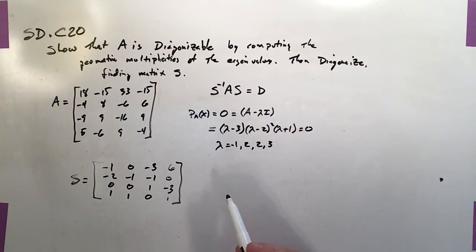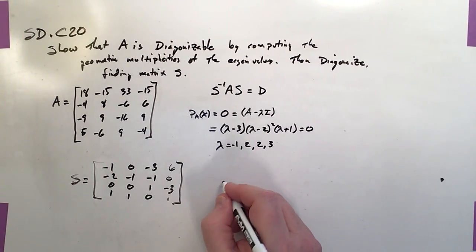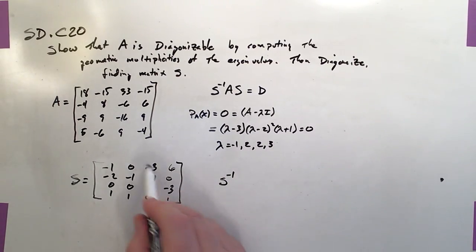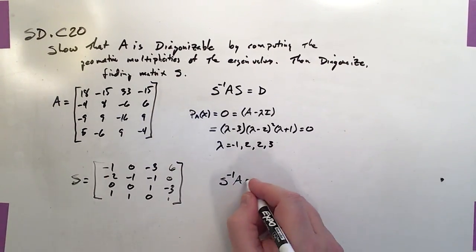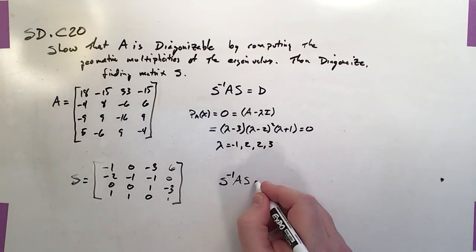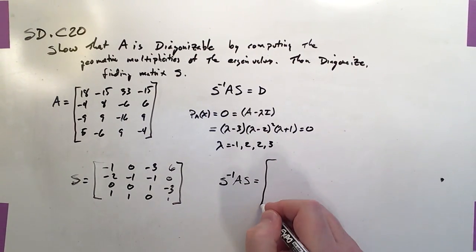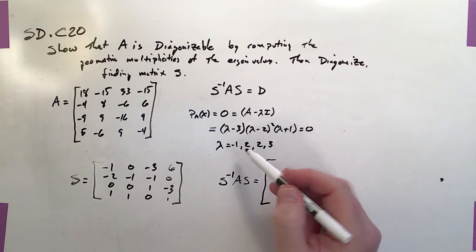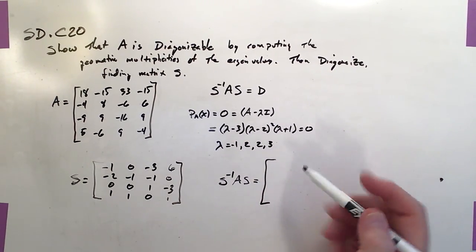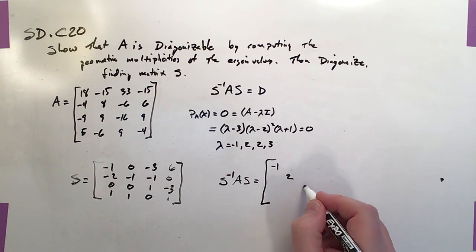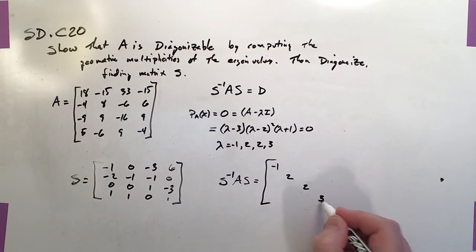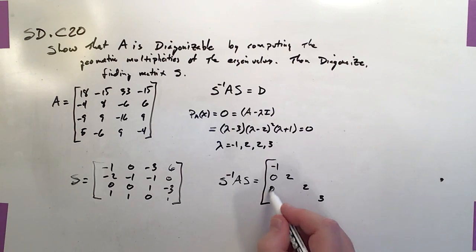And if I take this and perform this operation, S inverse, so I'd have to take the inverse of this matrix, times matrix A, our original matrix, and then multiply again by S, what I'll end up with is the diagonal matrix, and I can show you what that is too. That contains the eigenvalues along its main diagonal, so -1, 2, 2, and 3, and everywhere else is a 0.